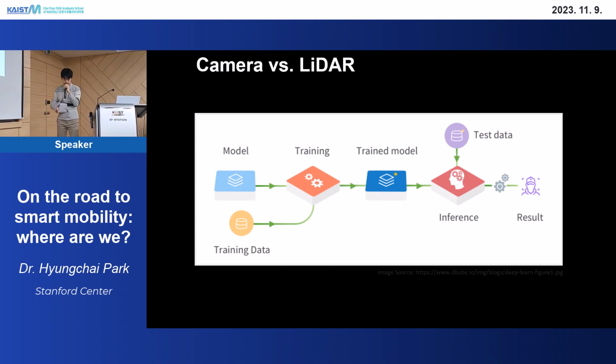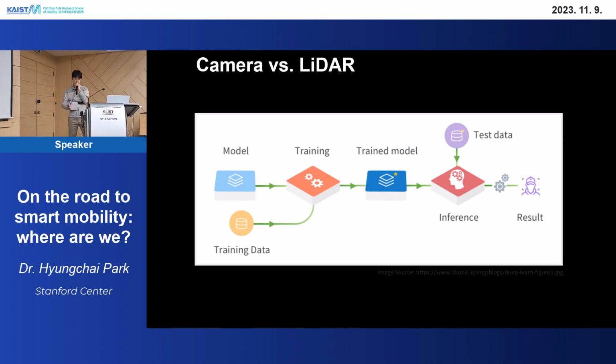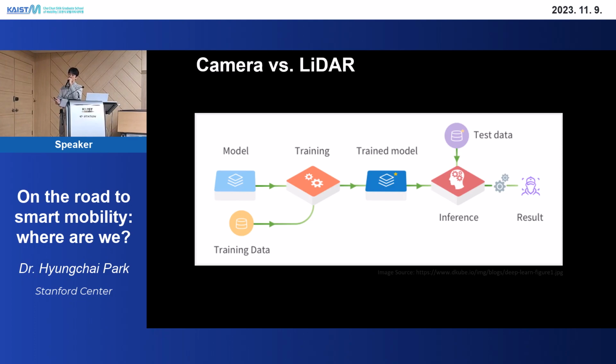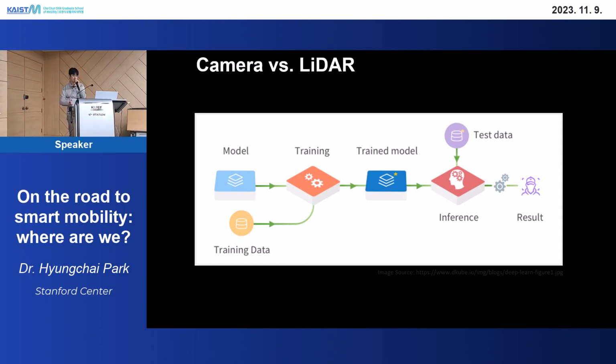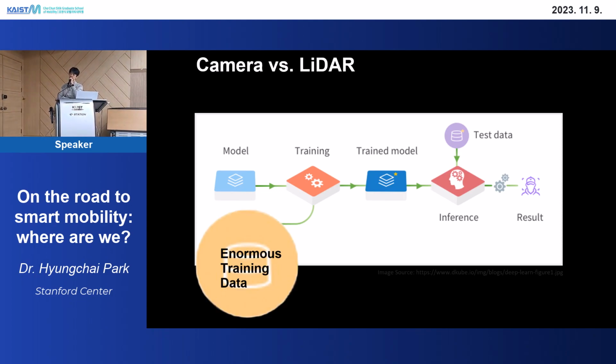That's the main criticism and disadvantage of using deep learning neural networks in autonomous driving. But Elon Musk and the Tesla engineers say that they will cover up this problem.